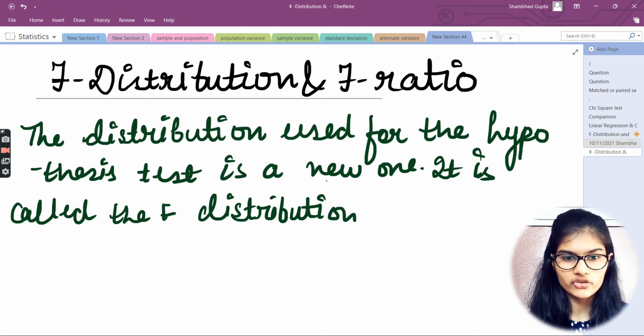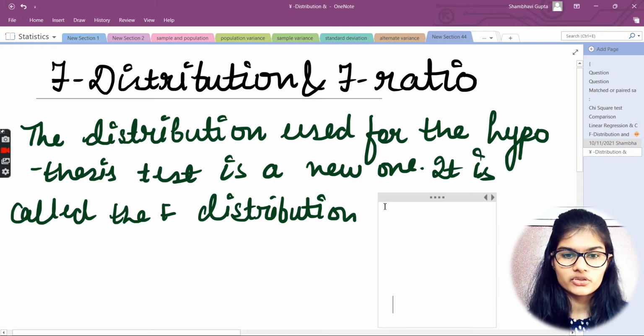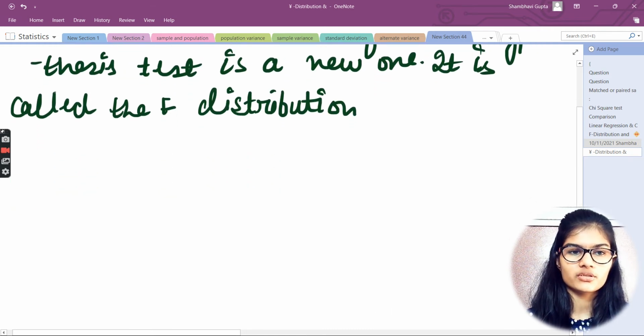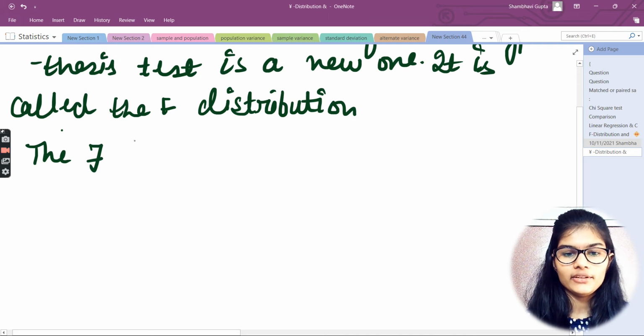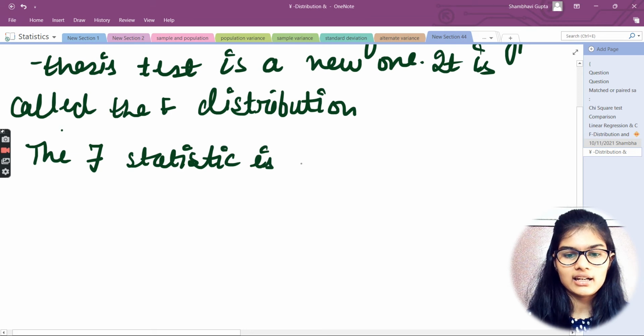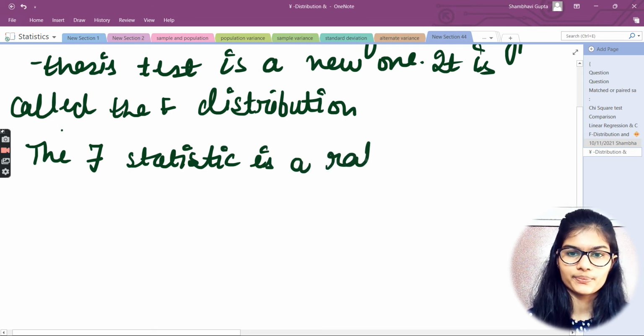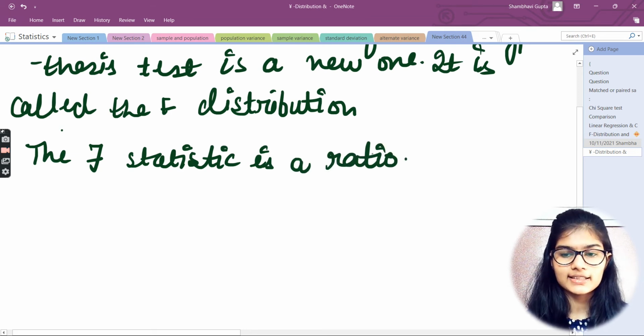You could call it a function as well. I will come down here and mention that the F statistic is a ratio.